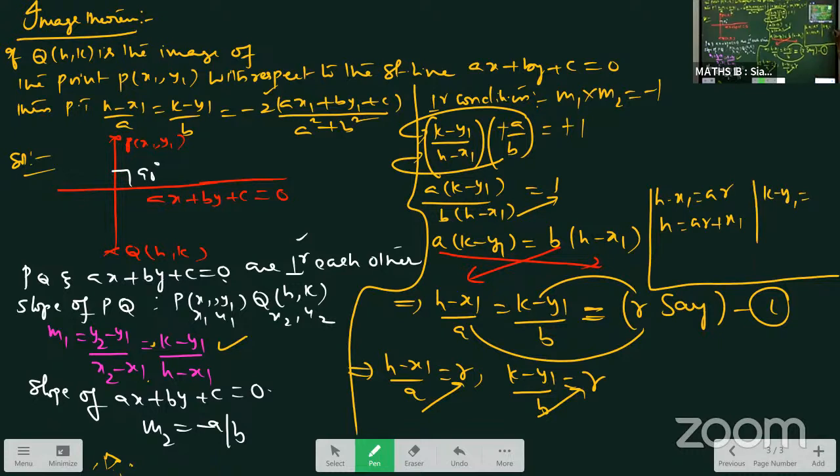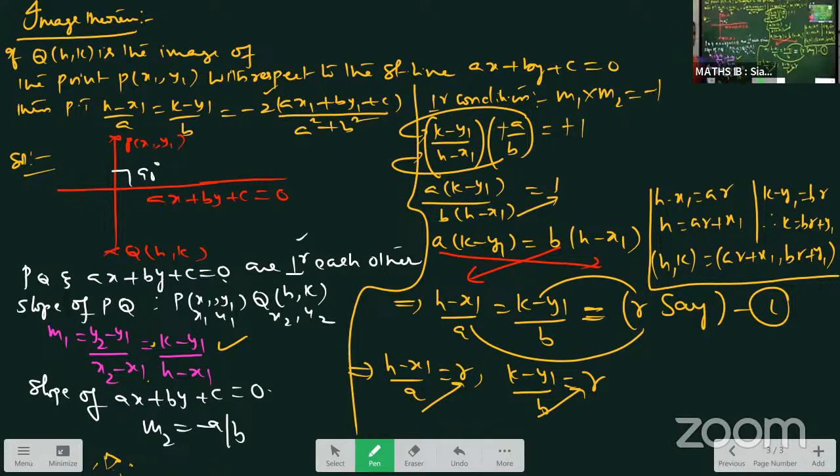Therefore, k is equal to br plus y1. So h comma k we got as ar plus x1 comma br plus y1. Okay. So up to here, the foot of the perpendicular and the image theorem are both the same, till h comma k. From here onwards, it will change.